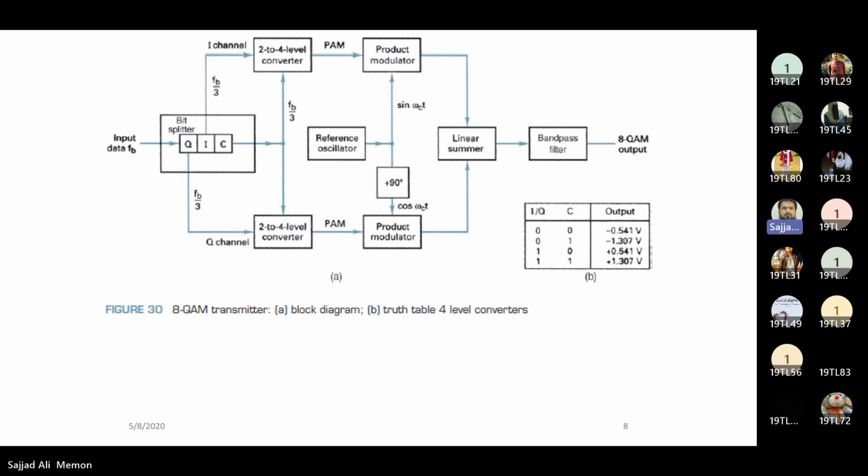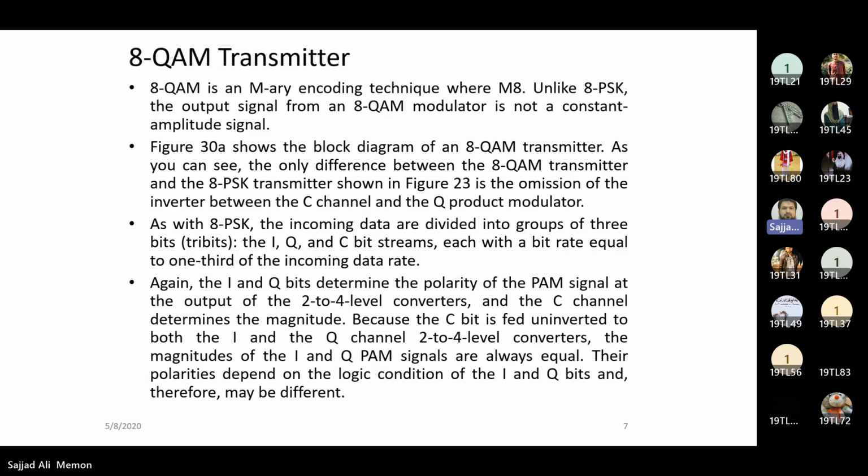Then those will be summed in a linear summer and passed through the band pass filter, and at the output we will get plus or minus sine omega ct and plus or minus cos omega ct multiplied with any of these voltage levels, either 0.541 or 1.307. So that will be the output of this diagram.